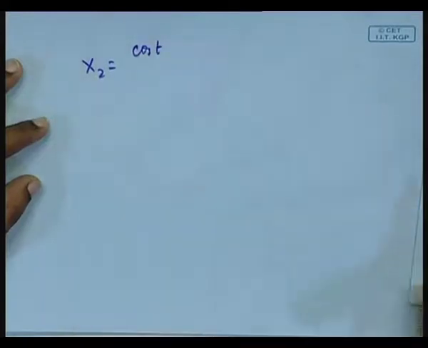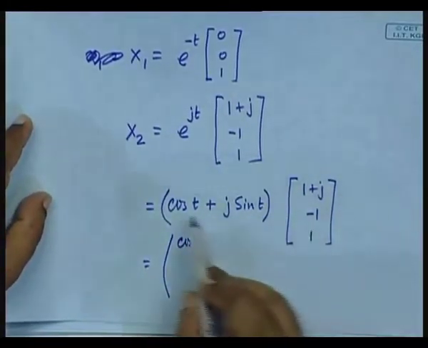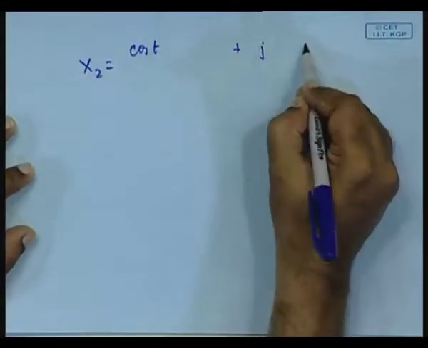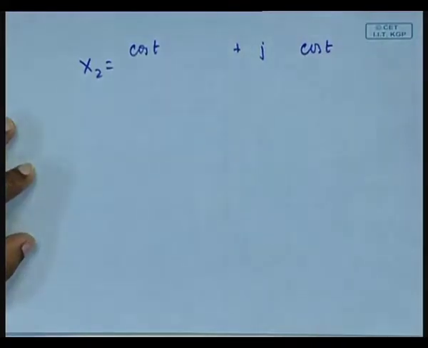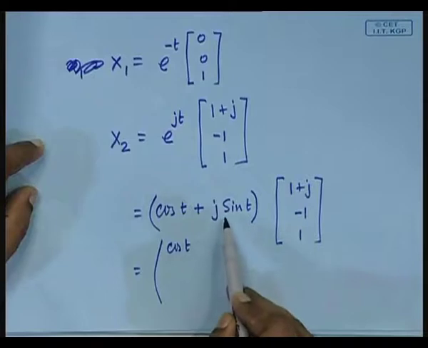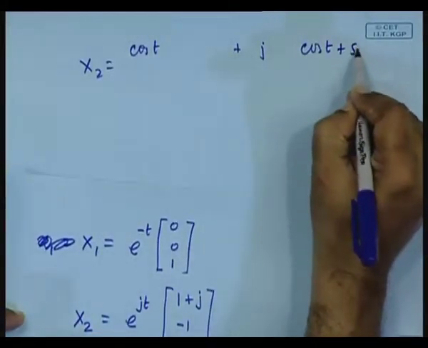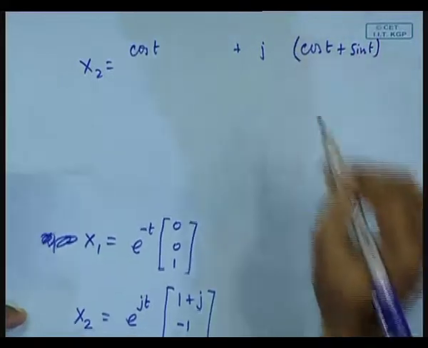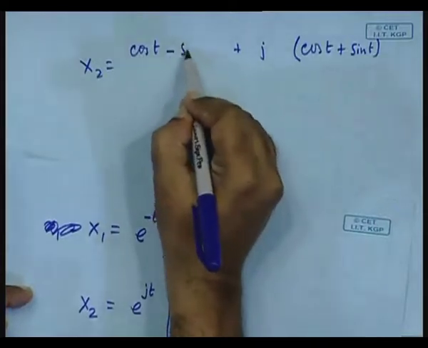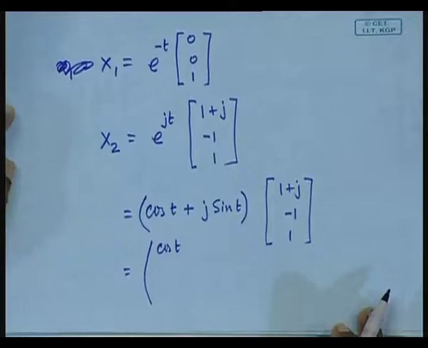Cos t times 1 plus j cos t, plus j sin t minus sin t, fine, the first line.